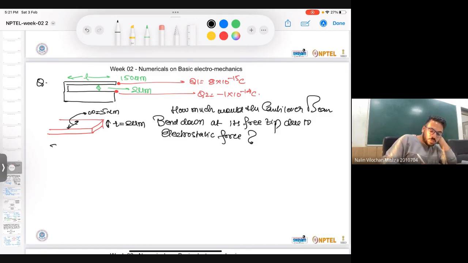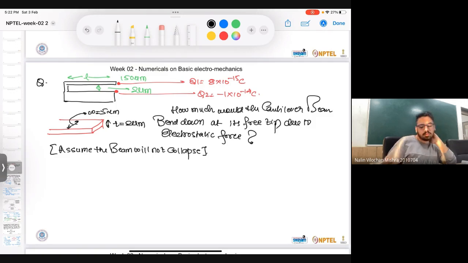Here you need to assume the beam will not collapse. So this is the assumption you have to make.